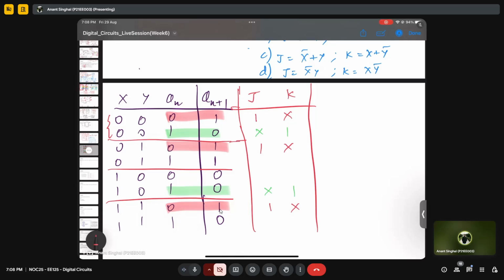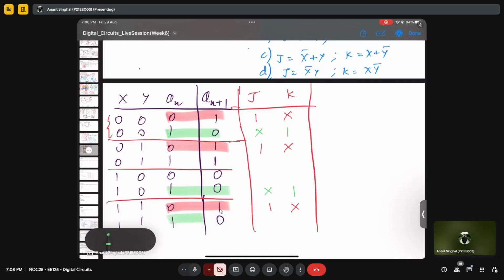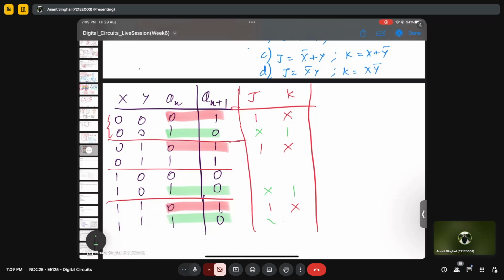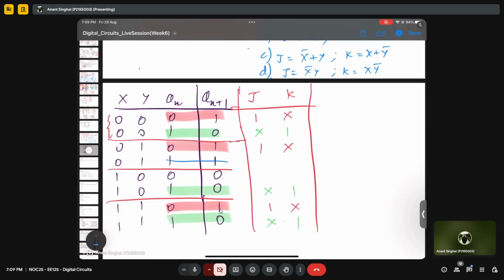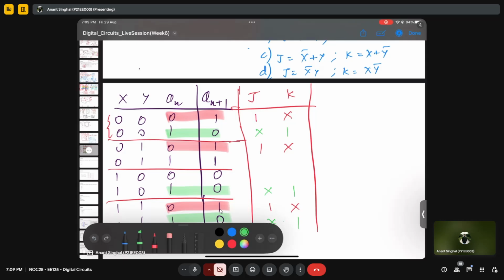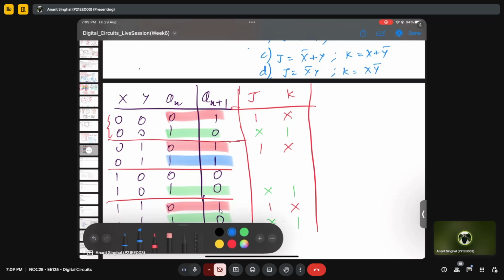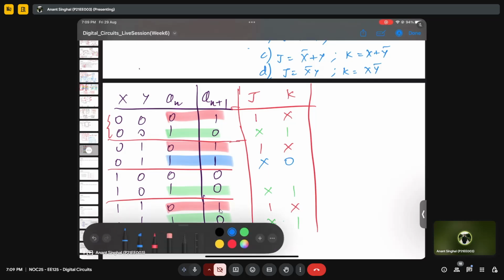Then 10. Okay, there is one more 10 also. For this, it is x1, and then there is this 11. Oops, sorry. For 11, what is J and K? It is x0, I think. And the only one left is 00.